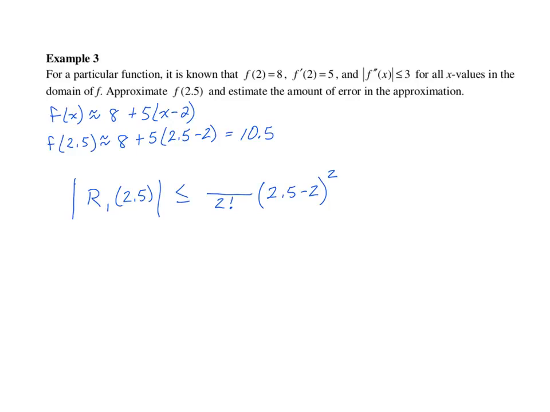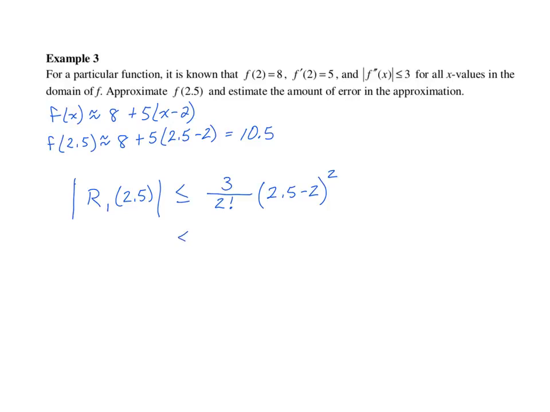Once again, this value of M up here is the largest possible value of our n plus 1 derivative. Up here, they gave us that information. They said the n plus 1, which is the second derivative, is less than or equal to 3. So we really got it easy this time. They're telling us that this value is 3.